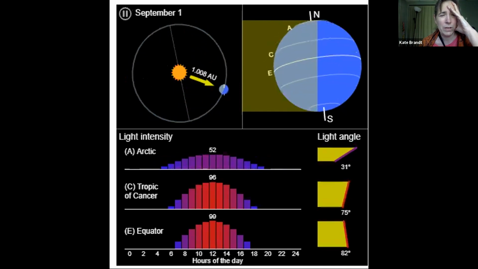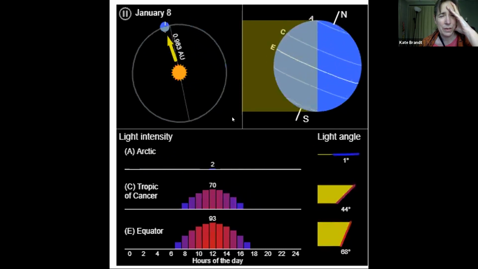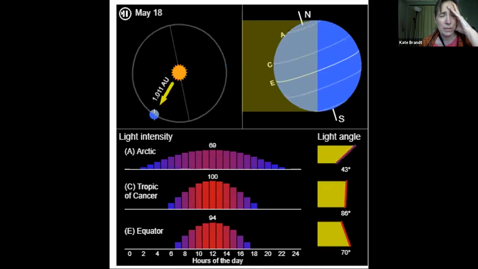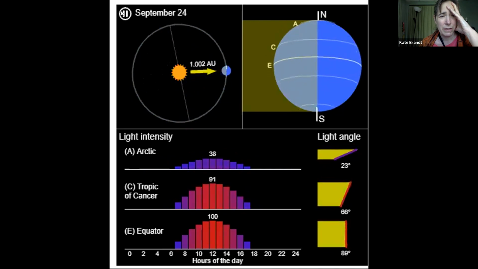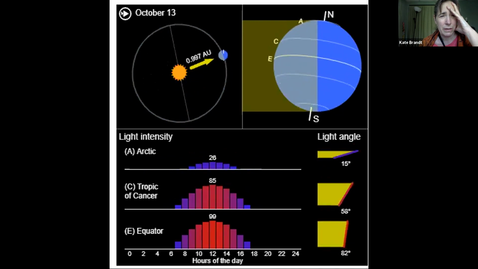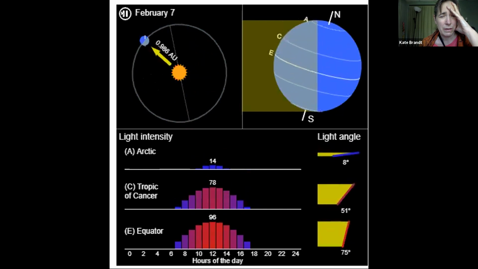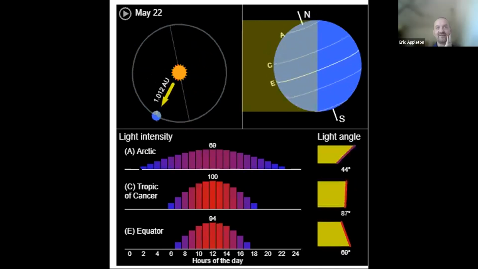You can focus on one thing at a time, like hours of the day on the equator. Why is it going up and down? You can stop it. It's interesting just to see the length of the day in the Arctic, because these are the hours of the day.